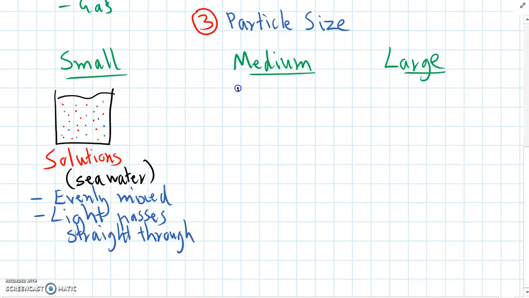But if particles that are dissolved are clumped together into a medium size, so you might have a few different particles of the solute clumped together, these type of mixtures are called colloids.